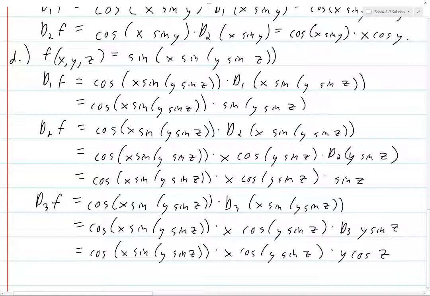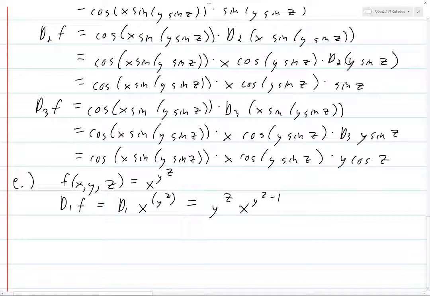So d1, we write this as x to the power of y to the z, because y to the z here is just a constant. And so we use that rule where we bring down the exponent, multiply by x, and then raise to the power of whatever exponent we had, minus 1. And that's all we have to do there. And there's no x's in that exponent, so we don't need to worry about the chain rule or anything.